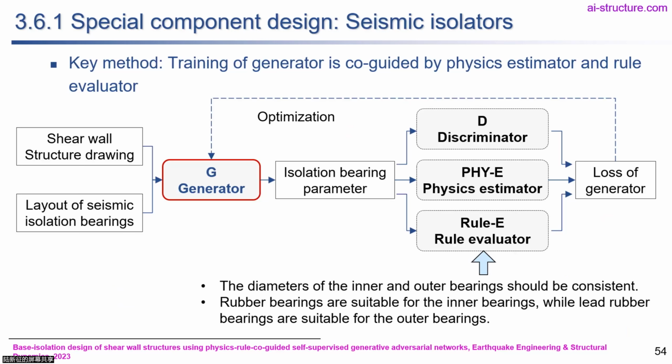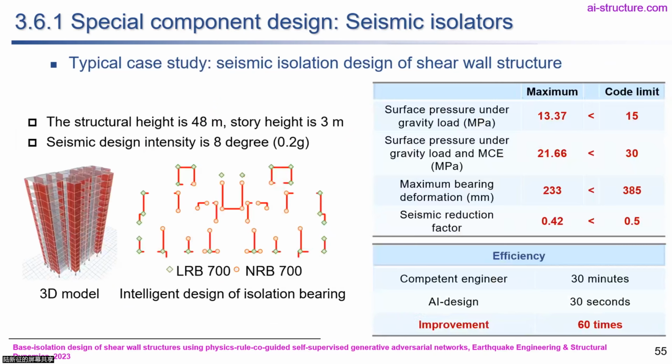And also, we want the lead bearings to be on the outside of the structure, and the natural rubber bearings in the middle of the structure, to make full use of the lead bearings' torsion capacity. And here is the result for this tall building. Here is the layout of the isolators.